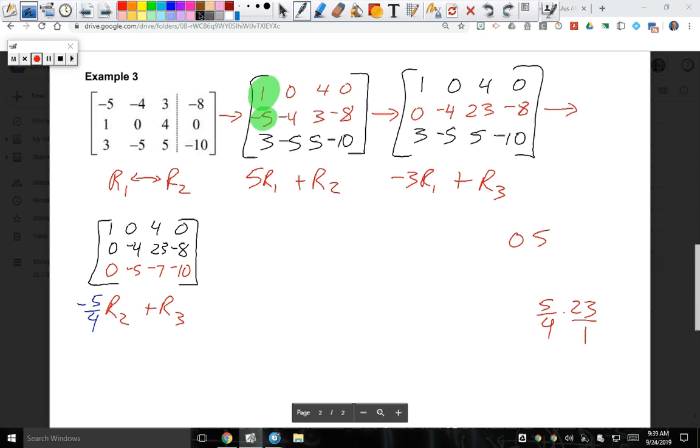So now I'm going to just go ahead and straight multiply, and I get what? 115? Isn't that 115? Negative 115 over 4. Okay? So negative 5/4 is going to give me a 0, a 5, a negative 115/4.